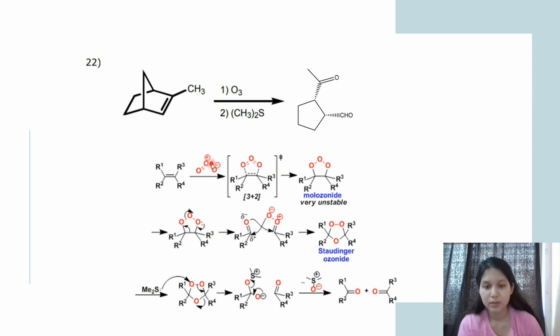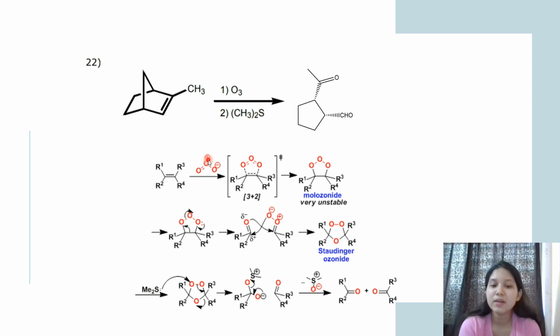You have to just focus on the electron push and pull throughout the concerted mechanism. Okay, all this is happening in a single step. The oxygen negative charge attacks this alkene, and the alkene attacks back at this oxygen, leading to the formation of neutral oxygen at this position.